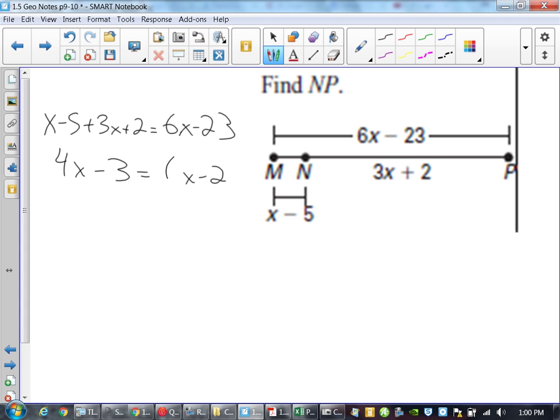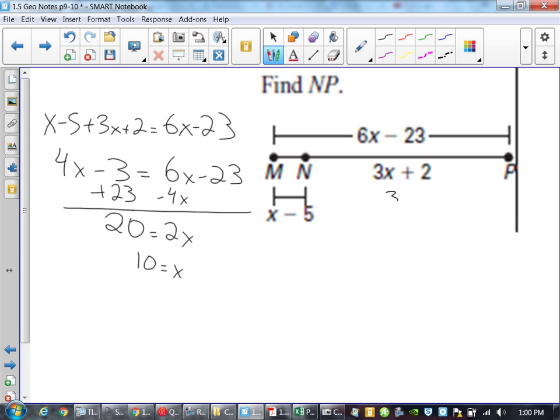Oops, sorry, 6x, excuse me. Pick on the little guy. We'll move the 4x, and at the same time, I'm going to add 23. You get 10. Substitute through, and you should work out cleanly.